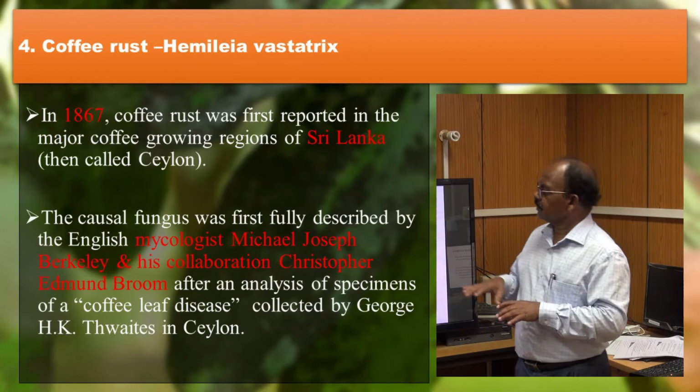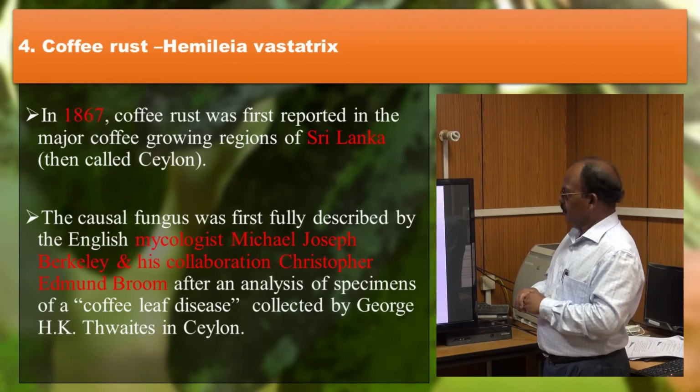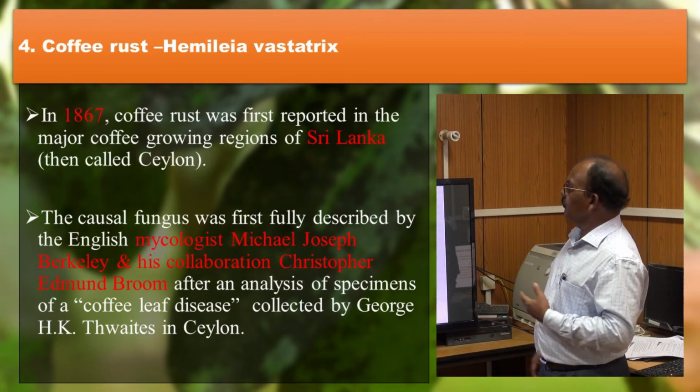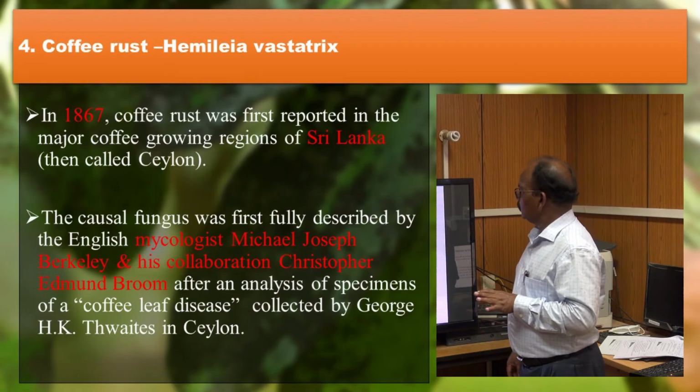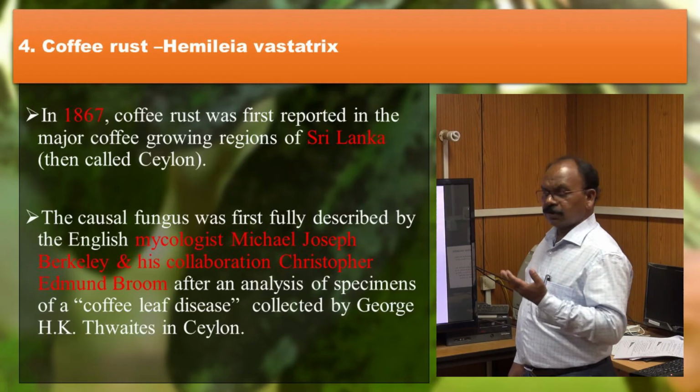Now come to the next disease, coffee rust, Hemileia vastatrix. This is also a fungal disease. In 1867, coffee rust was first reported in the major coffee growing regions of Sri Lanka, then Ceylon.